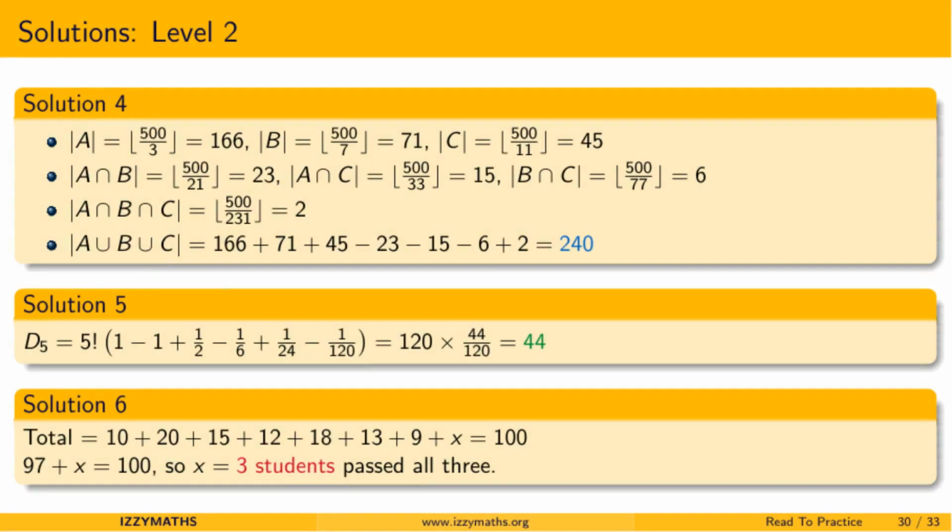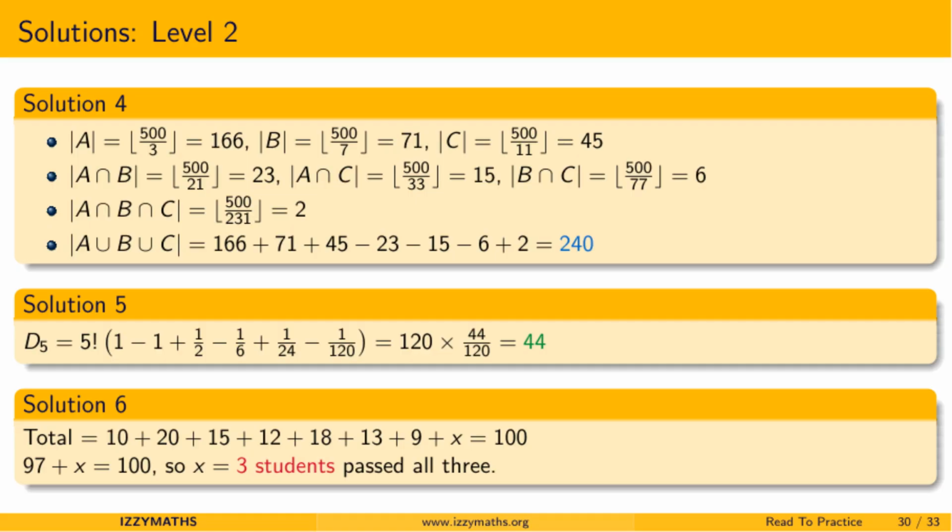For our intermediate solutions, solution 4 requires calculating individual sets. The absolute value of A equals the floor of 500 over 3 equals 166. The absolute value of B equals the floor of 500 over 7 equals 71. The absolute value of C equals the floor of 500 over 11 equals 45.